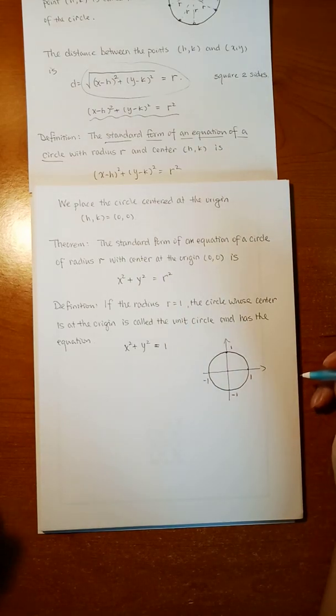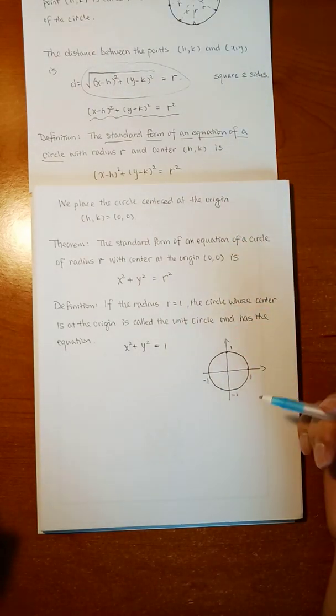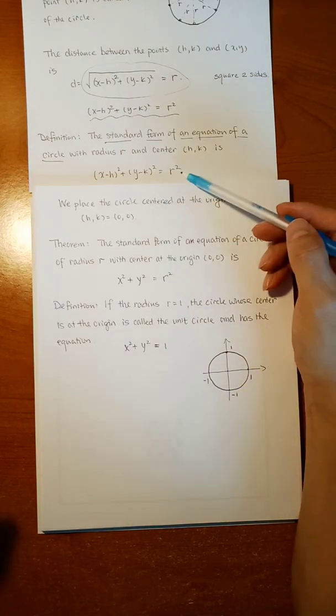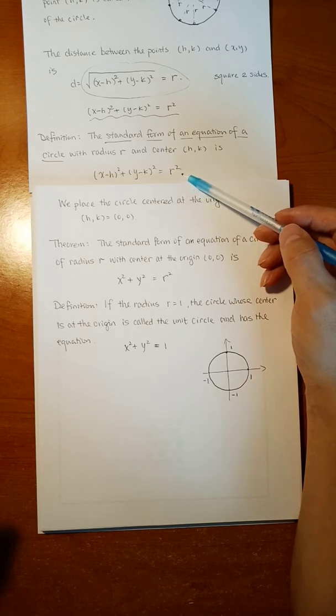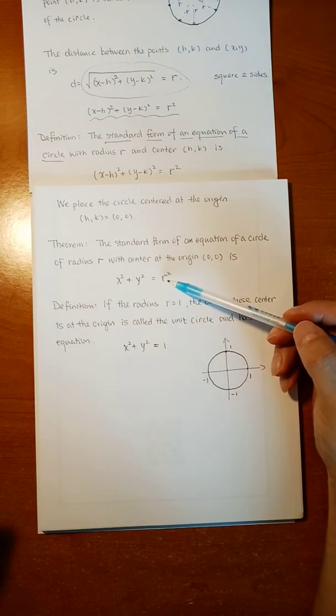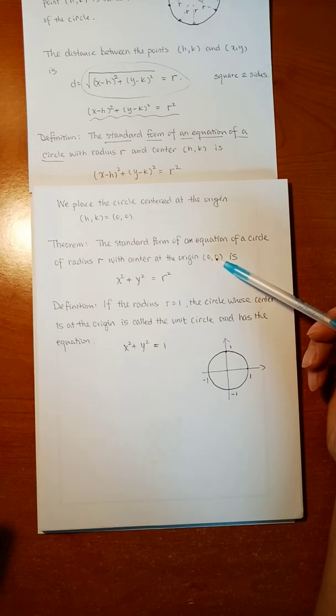Okay, so we already have 3 different standard forms. This is the standard form for all circles: (x minus h) squared plus (y minus k) squared is equal to r squared. This is the standard form of a circle when the center is the origin.